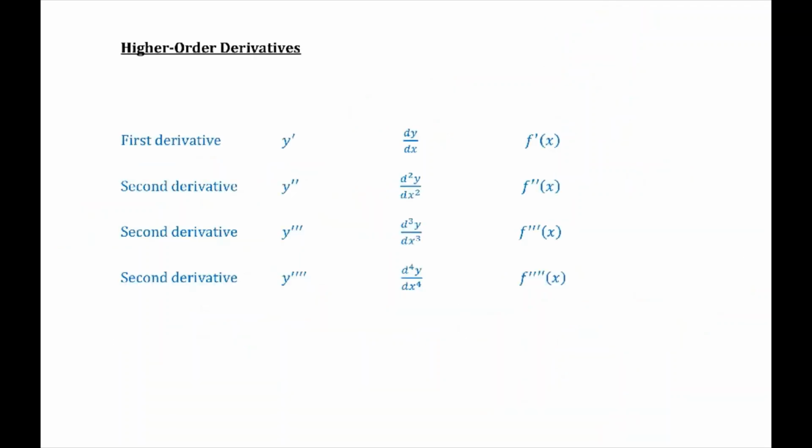Now, since the derivative is also itself a function, we can find the second derivative, the third derivative, the fourth derivative, and so on. For the first derivative, we call it y', which is dy/dx or f'(x). Second, y double prime, d2y over dx squared or f double prime, and so on.